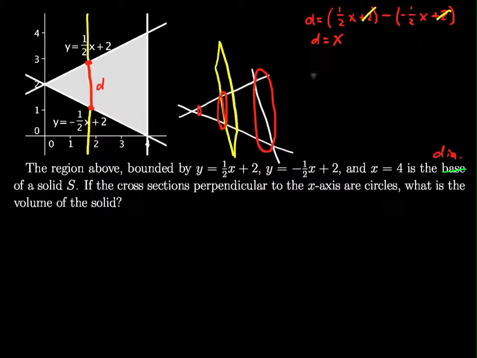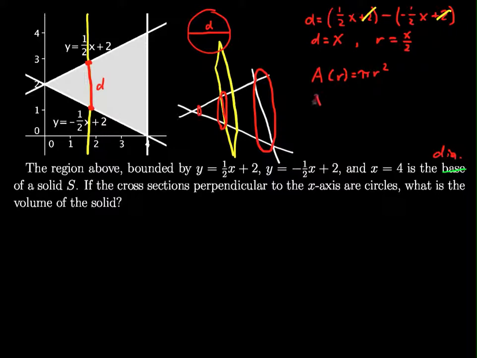But unfortunately for us, our area formula for circles, which is what we have here, is in terms of the radius, and it's equal to pi times the radius squared. And the radius is half of the diameter, so that means that the radius is x over 2.